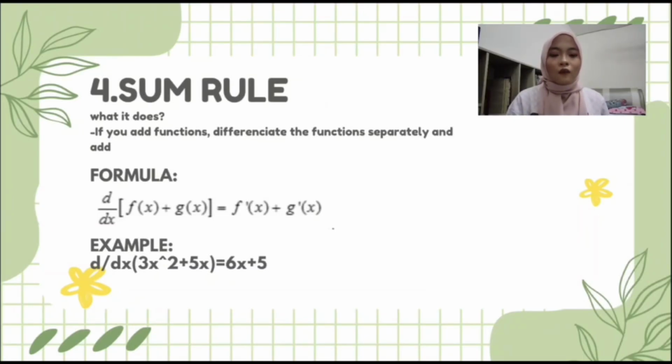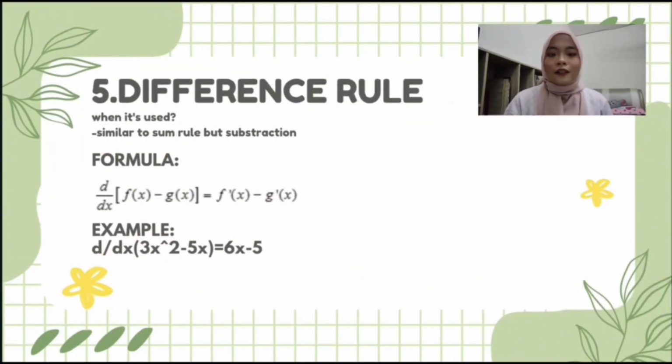Then we differentiate the 5x, which is 5. The final answer will be 6x plus 5. Next is the difference rule. It is similar to the sum rule but with subtraction. Like the formula given, in the sum rule it is plus, but in the difference rule, the symbol is minus. So the final answer will be 6x minus 5.